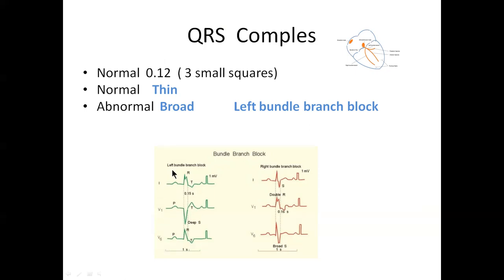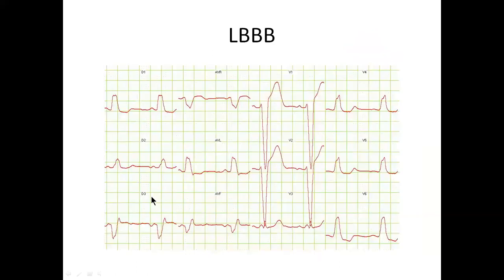If there is a left bundle branch block, what we see is a broad, wide QRS complex in lead 1 and a similar pattern in V6. Let's look at a real EKG. See this? It's broad and tall.